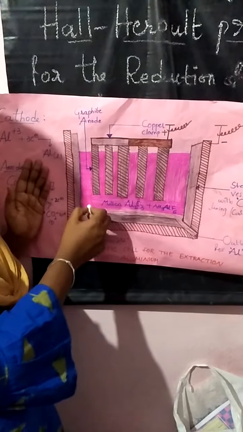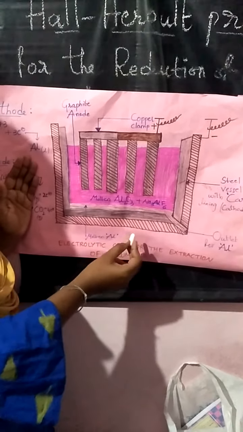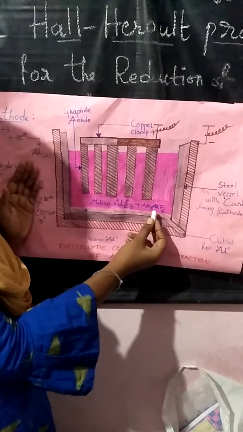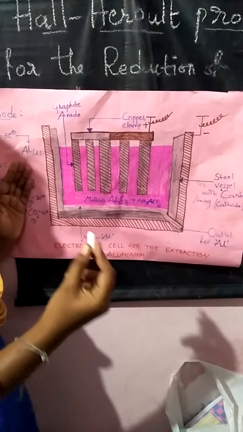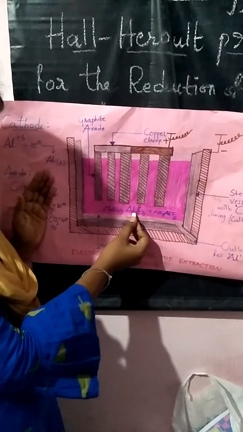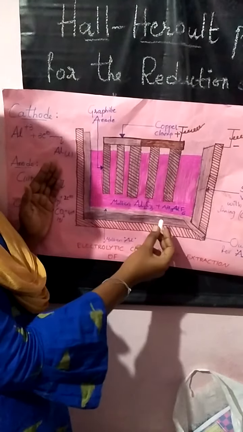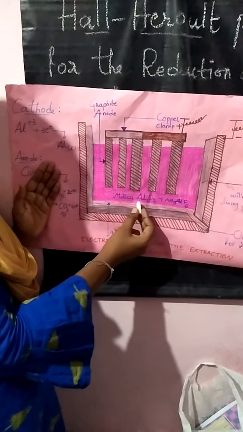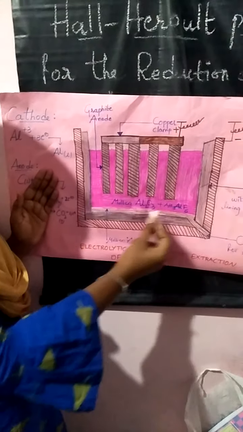Here in the vessel we are taking Al2O3, and this alumina is also mixed with cryolite, that is Na3AlF6, or fluorspar, that is CaF2. Both are added because the electrolysis takes place in the molten state.